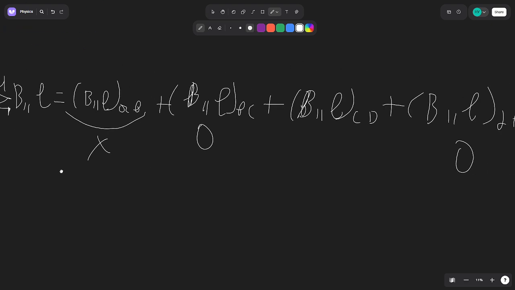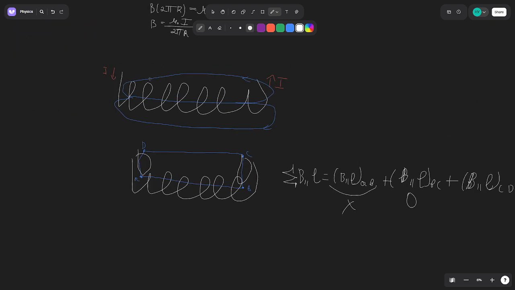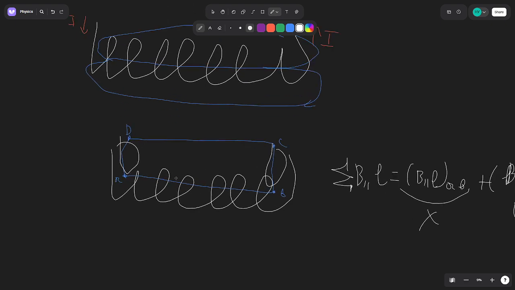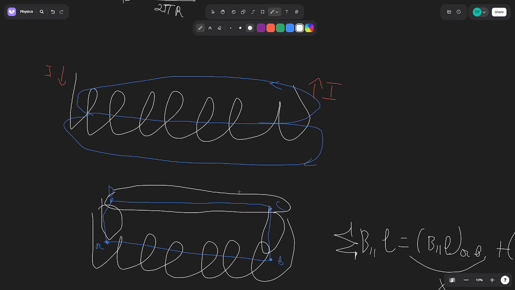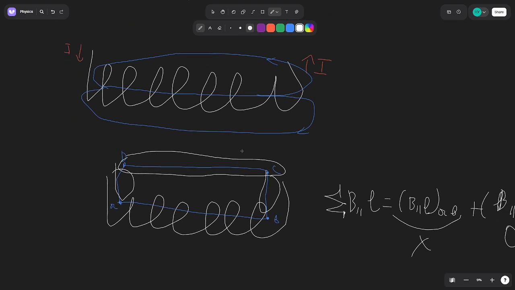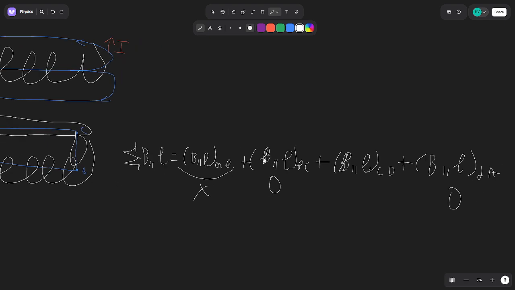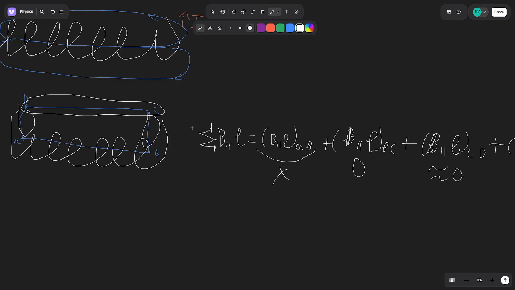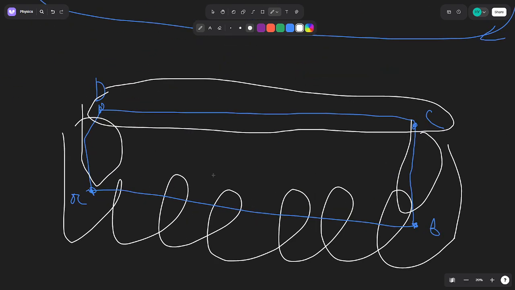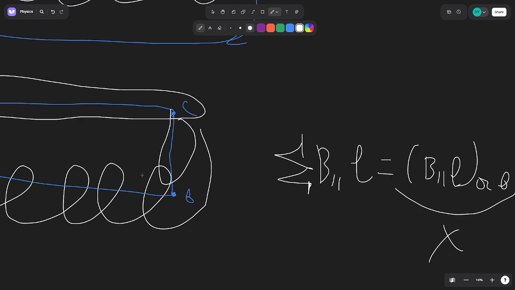And now, what is the DC? Try to guess. Yes, it's almost 0. It's approximately 0 because it's on a long distance from the center of the source of the magnetic field.